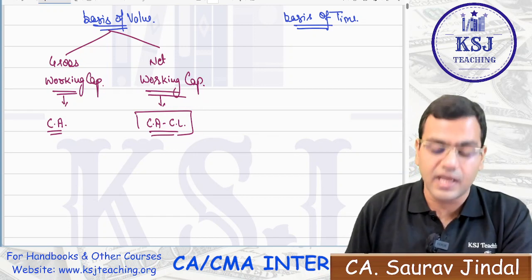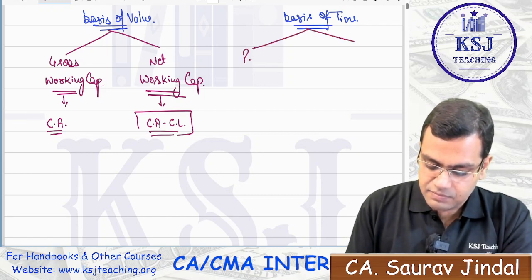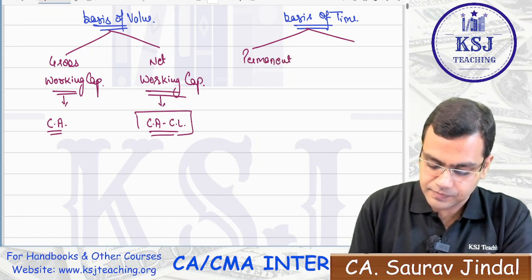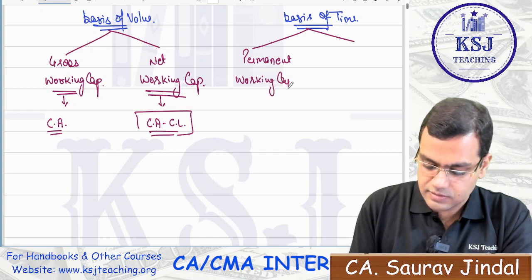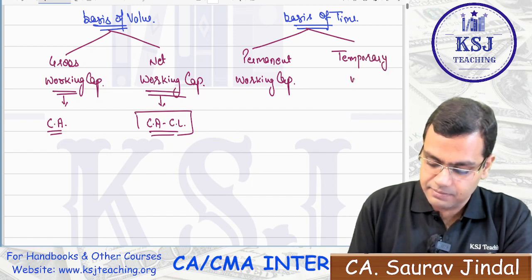On the basis of time, what is there? On the basis of time, we have permanent working capital and temporary working capital.